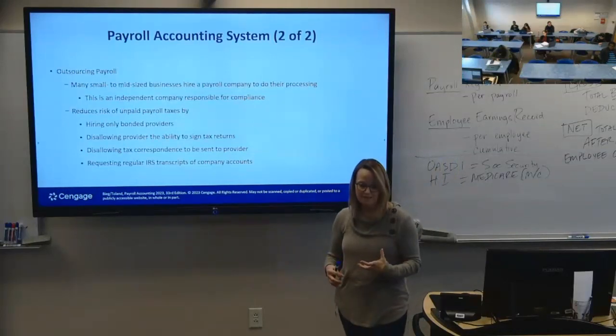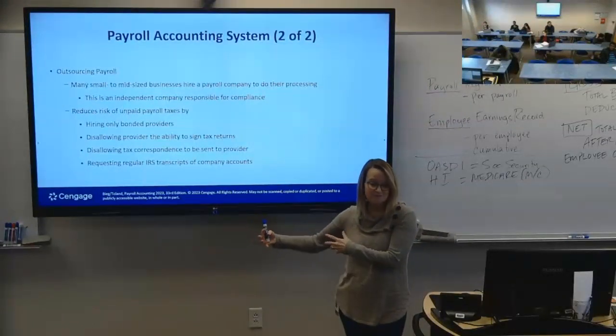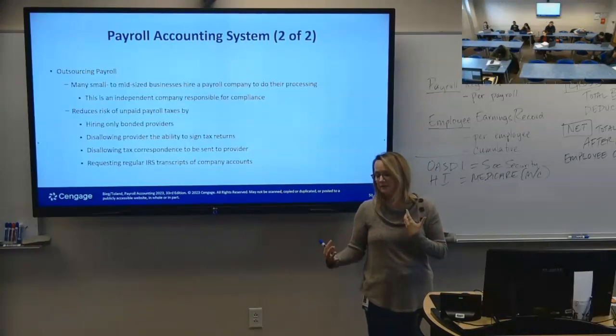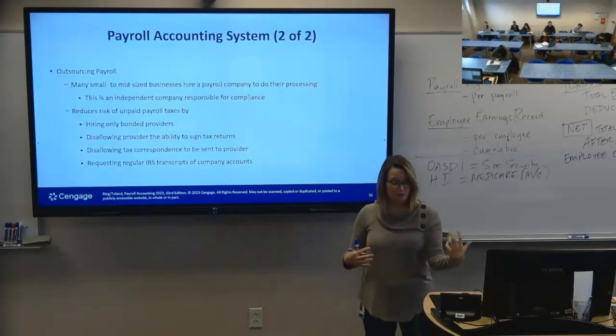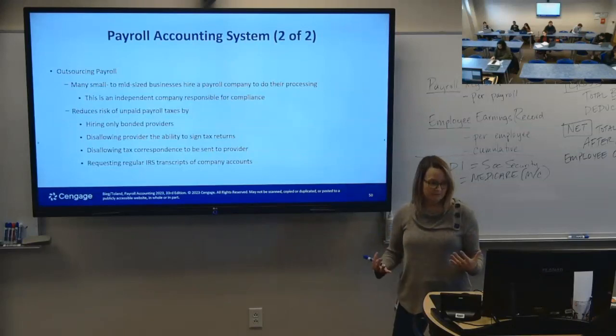It's not their money. It belongs jointly to the IRS and to the employee. So they are entrusted with it. It's a fiduciary role for them. So if they don't then remit it on time or in full or at all, some very bad things happen.